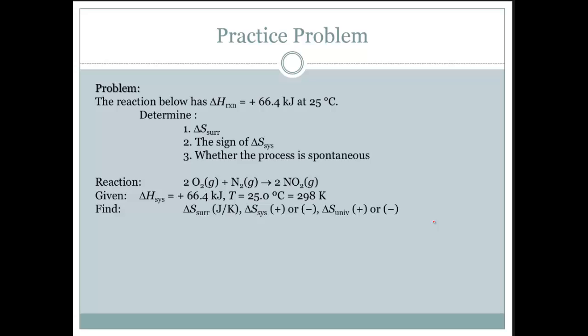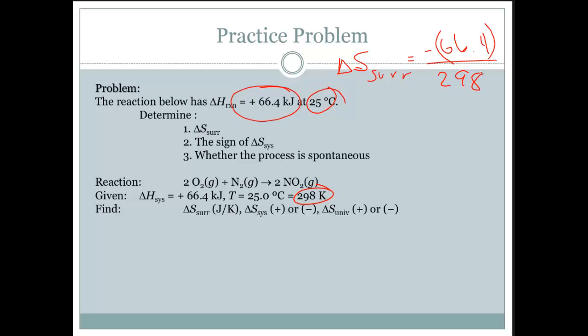So delta S, the entropy of the surroundings, is equal to negative the delta H, 66.4, over the temperature in kelvins, 25 degrees, which would be 298 Kelvin. Divide that out, and it comes out to be negative 223 joules. It actually comes out to be 0.223 kilojoules per Kelvin.